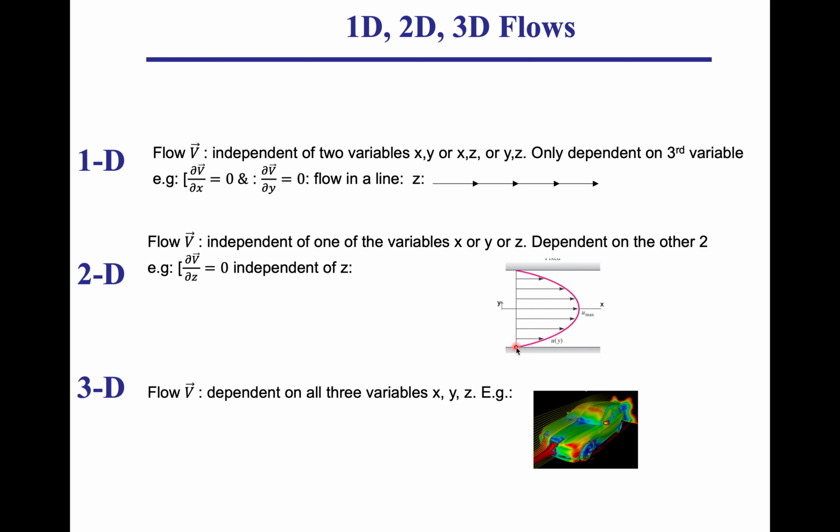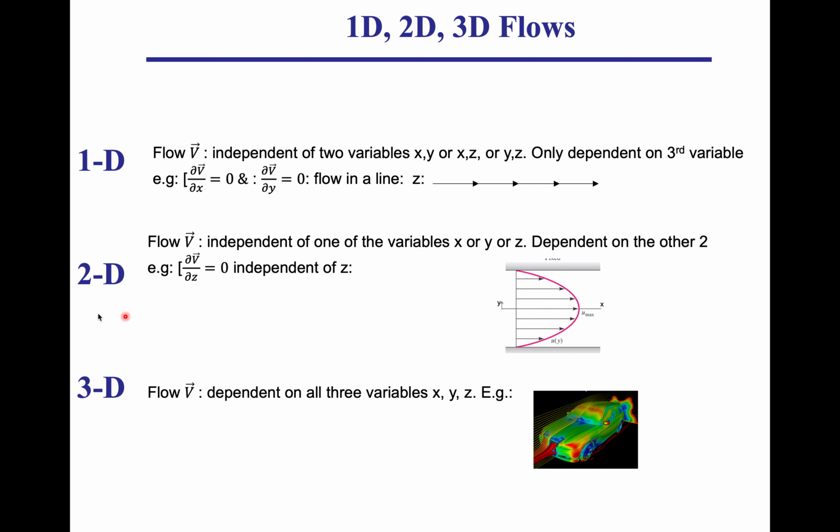But when we have a two-dimensional flow, we can rest assured that if this has a width into the page, and I take the plane of my computer screen, and then you take the velocity distribution at 1 meter behind your computer screen and 1 meter in front of your computer screen, you'll see that there is no variation with z. So it's independent of z, where z is the perpendicular distance to your monitor.